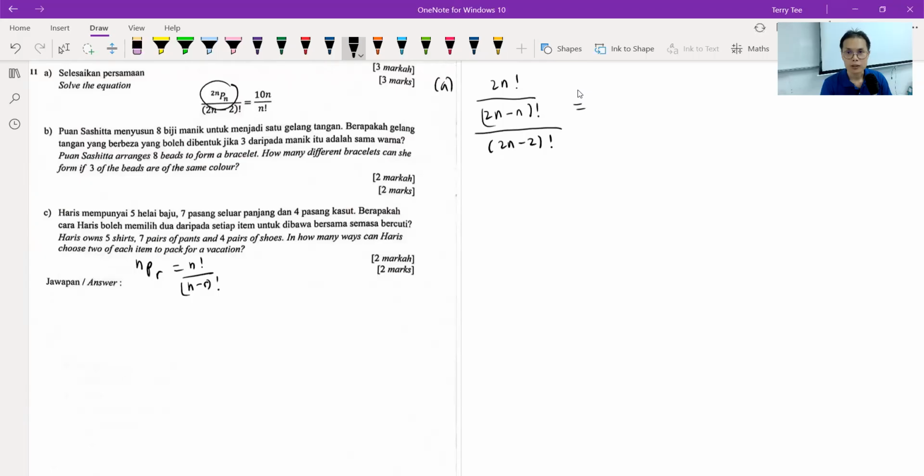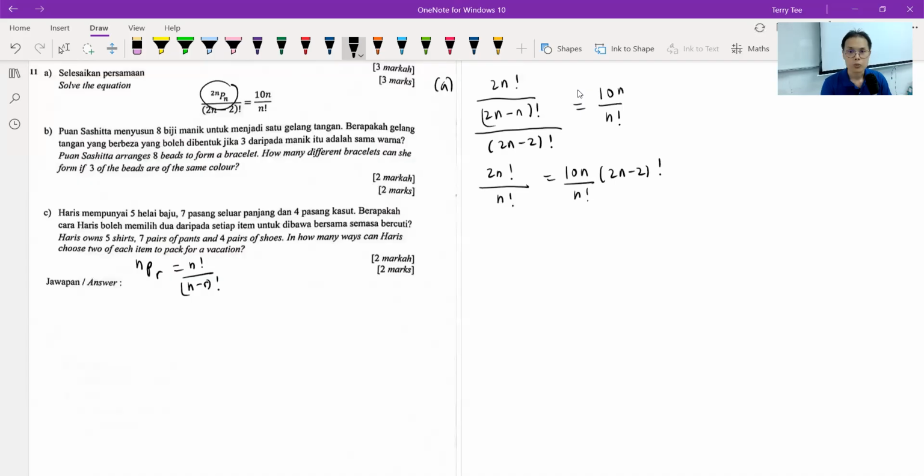Then you equate it with 10n over n factorial. Okay, it looks a bit long and annoying. Now, we know we can cancel, maybe I bring this over first. This 2n factorial, 2n minus n left with n factorial. Maybe I bring this over first, easier, don't have to write so many things.